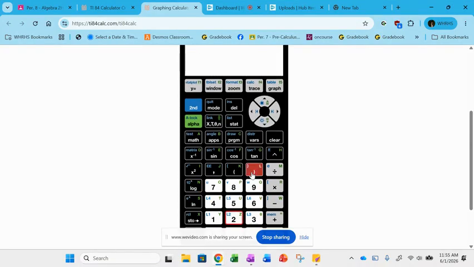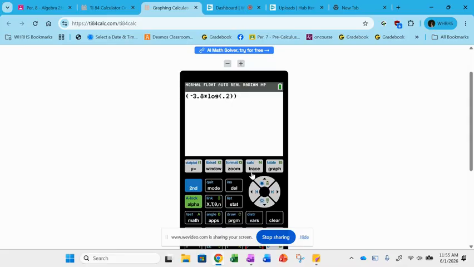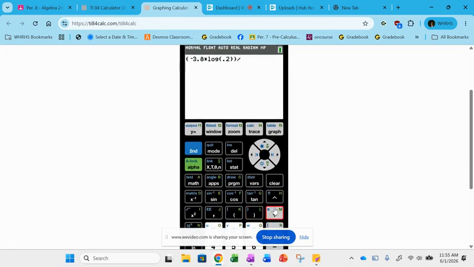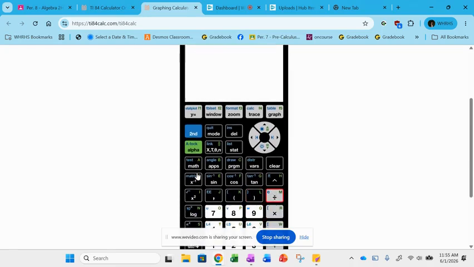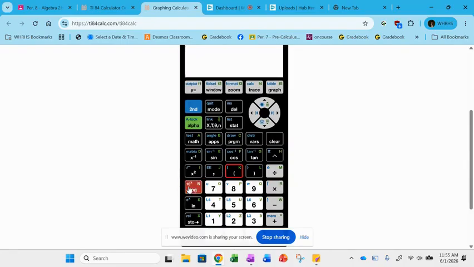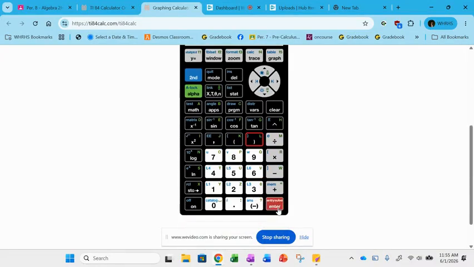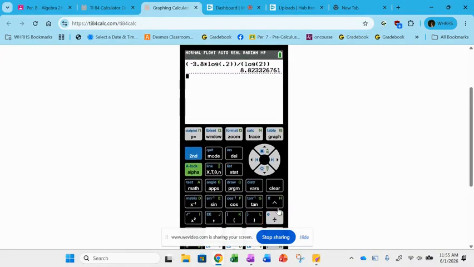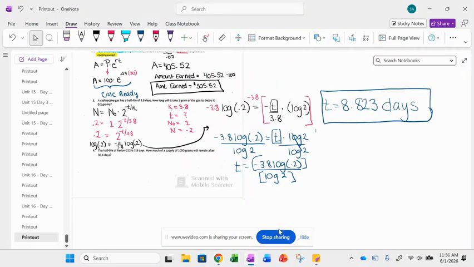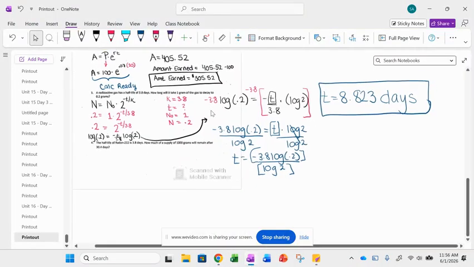We need that initial parenthesis around the whole numerator, and then the closing parenthesis at the end, divided by log of 2. I put the parentheses, I don't think we need it, though. Did anybody not put the parentheses in the denominator and get the same thing? And there it is. You found it?